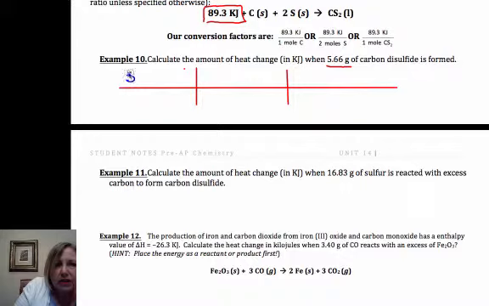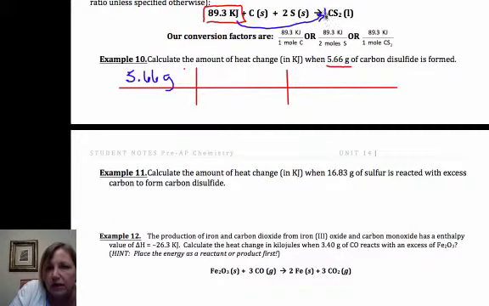This asks us, I've got 5.66 grams of carbon disulfide. So I'm going to start with my 5.66 grams. Now, this is kilojoules per 1 mole of carbon disulfide, so I need to get from mass to moles. Mass to moles, use molar mass, 76.14 grams. Now I'm going to multiply by this value, and the value is positive.